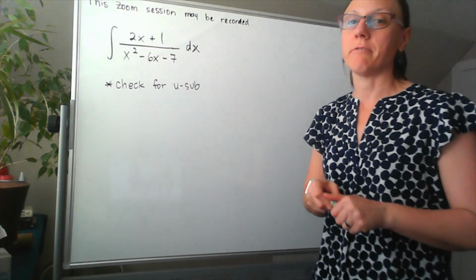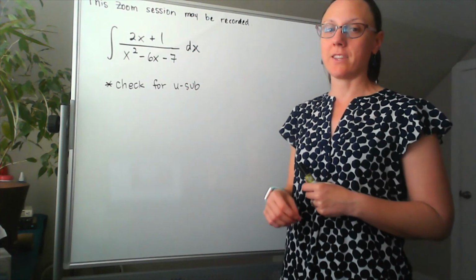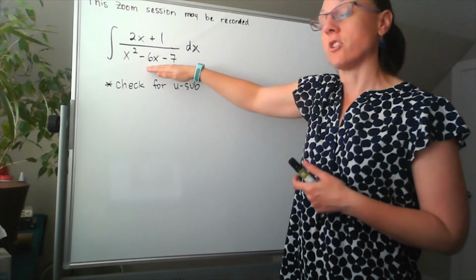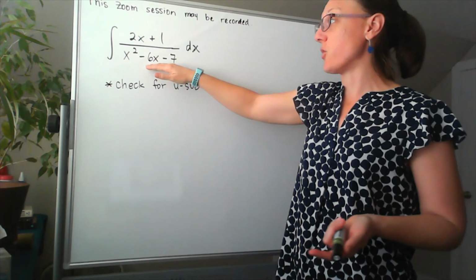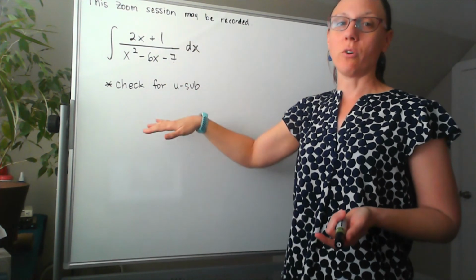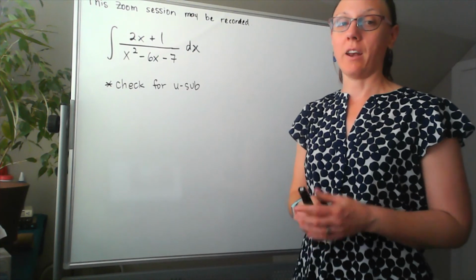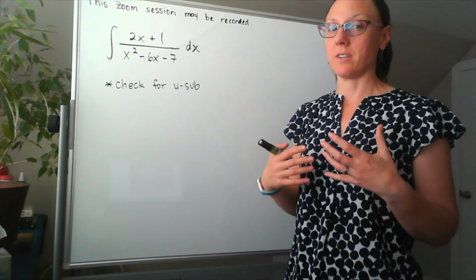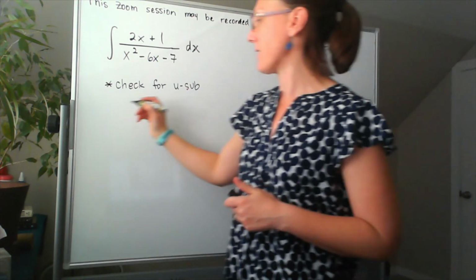Typically for a rational function, that's going to mean, is the derivative of the bottom equal to the top? Well, in this case, the derivative of our denominator is 2x minus 6, which is not what we have on top. If we don't have a u substitution, then I'm going to check the largest powers of x. So I'm checking those powers to see where is the biggest power.